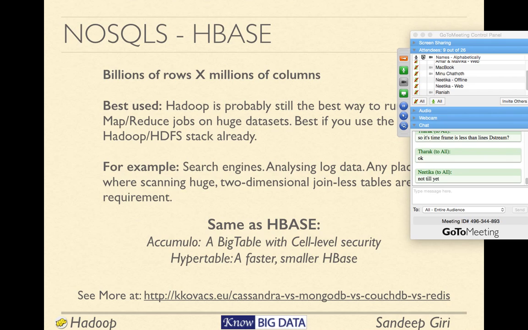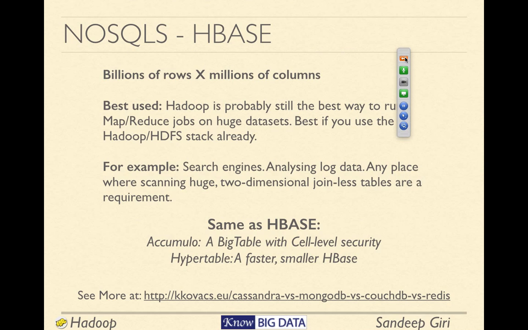If you already have the Hadoop HDFS stack, then you use HBase. Example use cases are search engines, analyzing log data, and any place where scanning huge two-dimensional joinless tables is required.